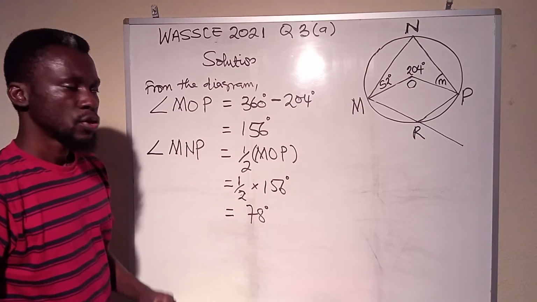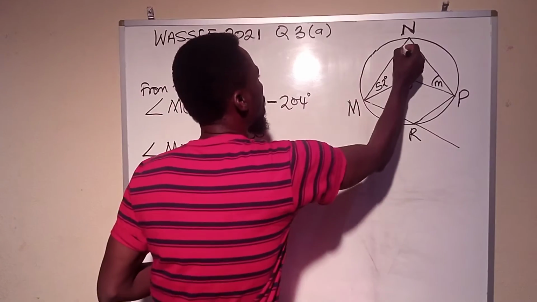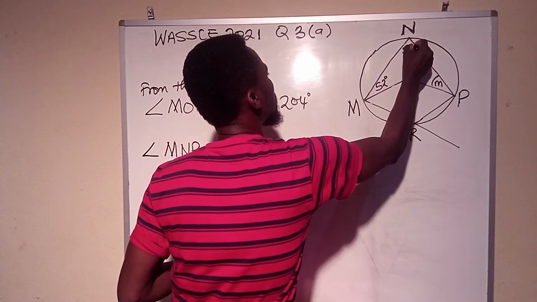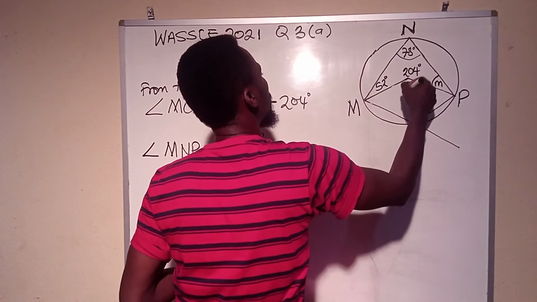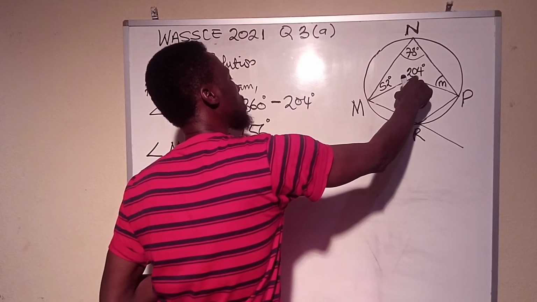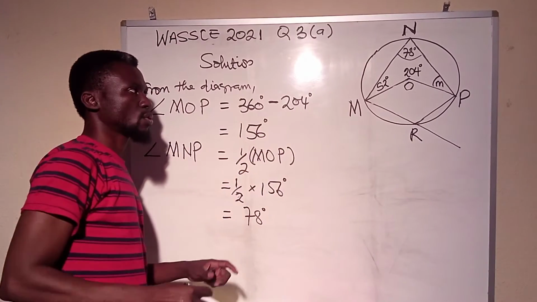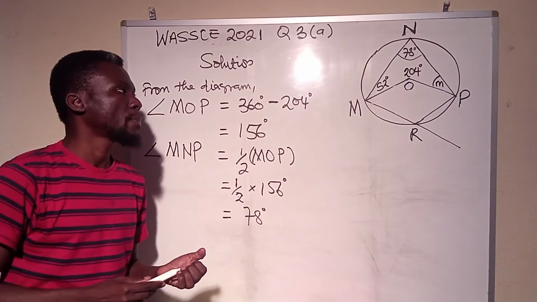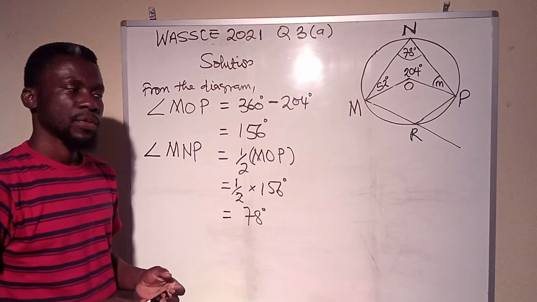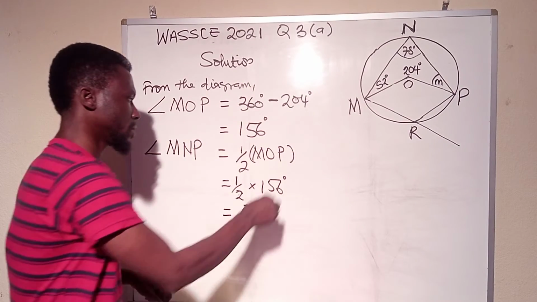So it means we now know that this angle here is 78 degrees. We know that this is 52. We know that this is 204. We know that that is M. So when we sum the 4 up, it should give us 360 degrees.